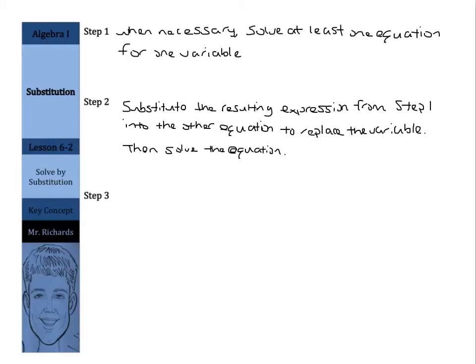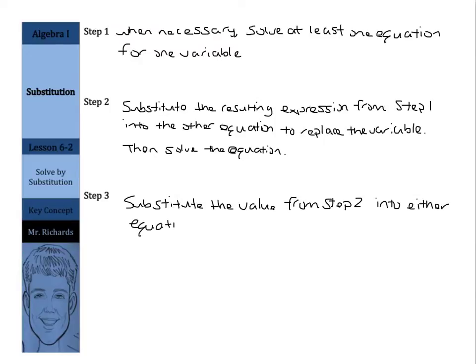In step 3, you'll have an answer in step 2. So step 3 is to substitute the value from step 2 into either equation and solve for the other variable.